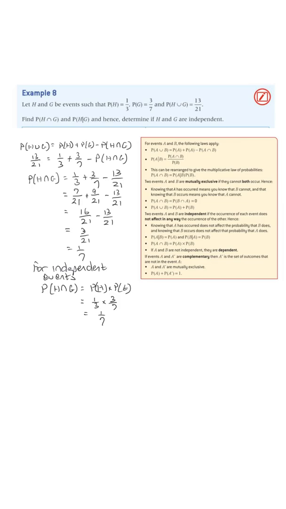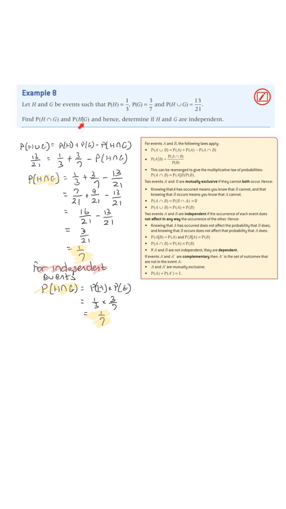And as we can see, that 1 on 7 equals 1 on 7. That's what we're looking for. Therefore, they are independent. All right, so let's check that. Now, what about this one here, the probability of H given G? We'll have a look at that one.